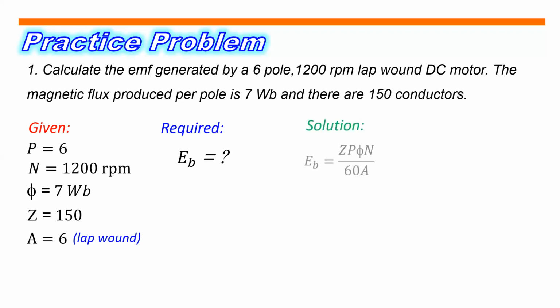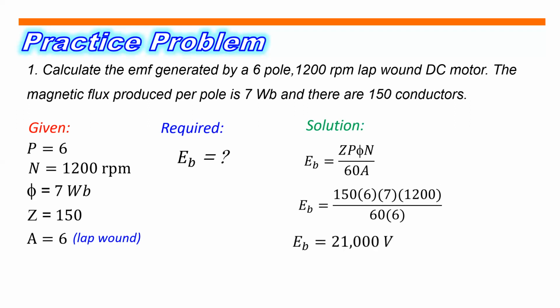So using our equation, we will just plug in all the values given. Then that will be equal to 150 multiplied by 6 multiplied by 7 multiplied by 1,200 all over 60 times 6. That will give us 21,000 volts, or simply the back EMF is equal to 21 kV.